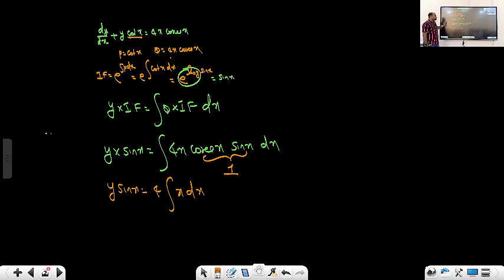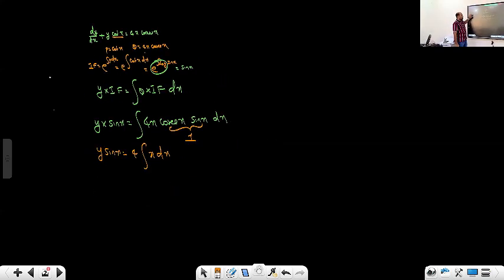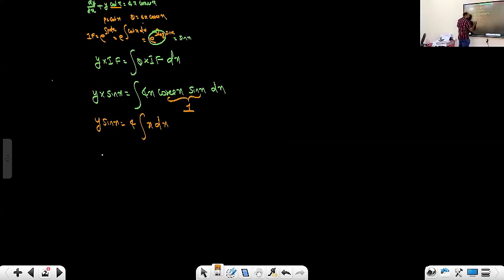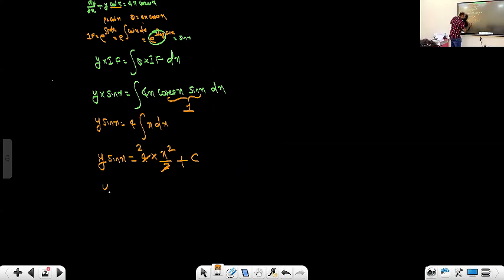Integral x dx. Y sin x equals 4 into x square by 2 plus c. This and this, the 2 cancelled. So this we are calling the general solution. This is equation number 1, the general solution.